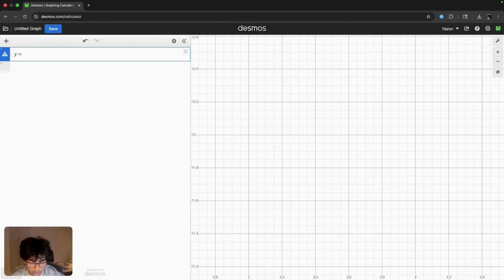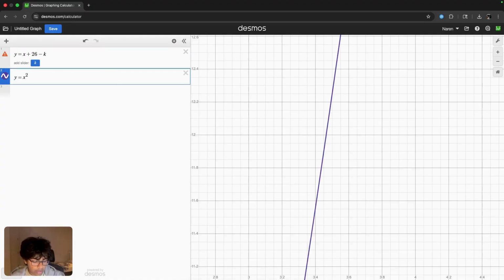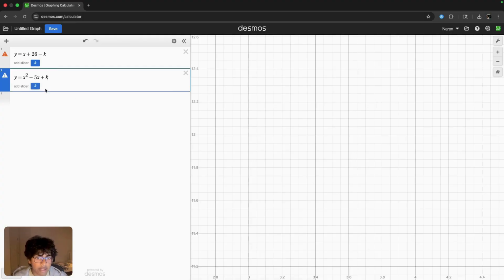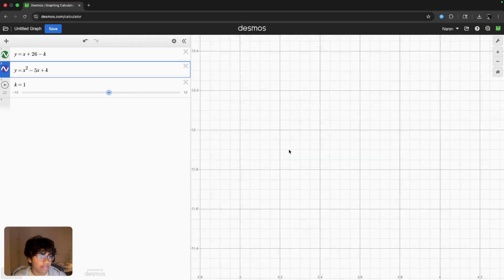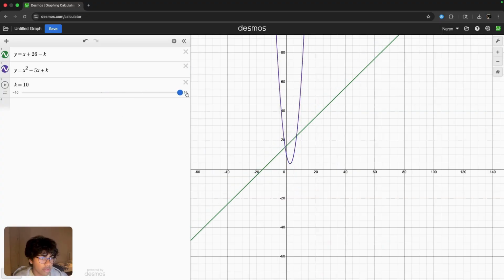So y equals x plus 26 minus k. The last one is y equals x squared minus 5x plus k. Let's add a slider for k, okay? And I'll zoom out so that we can see what we're looking at. We want this line to intercept this curve at only one spot.